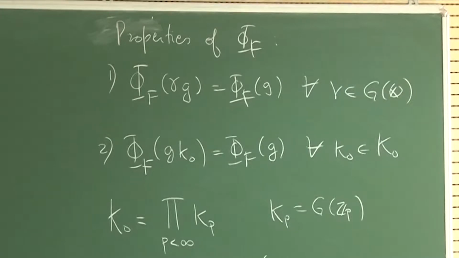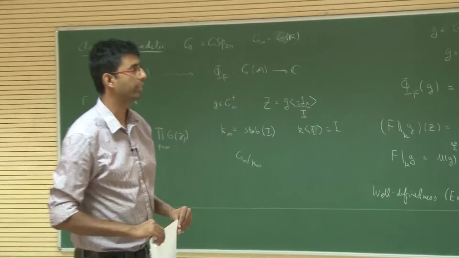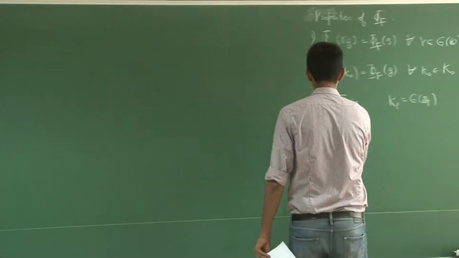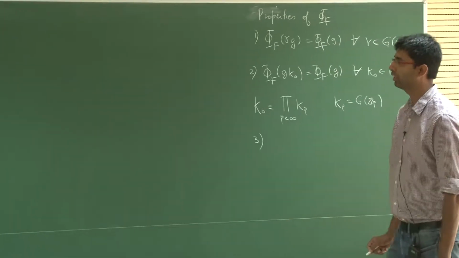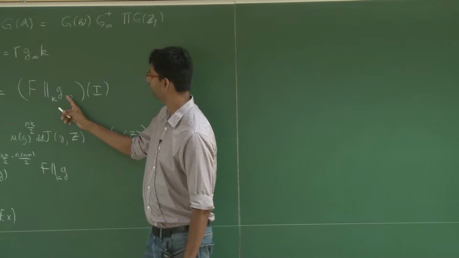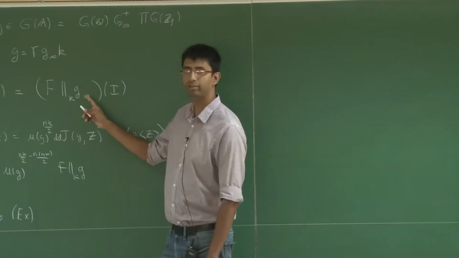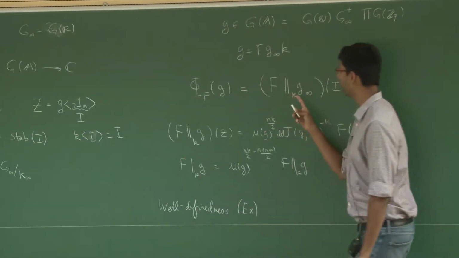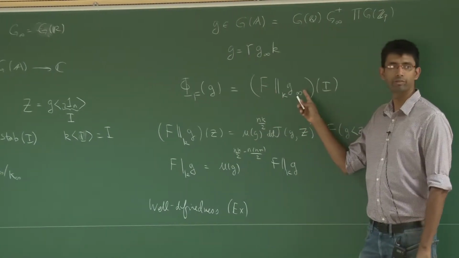So, there is some very nice right invariance with respect to all of these groups Kp, all of them put together. Okay. Now, another thing that needs to be figured out is, well, inside G infinity, I have K infinity, right? This guy right here. What happens if I multiply on the right by K infinity?